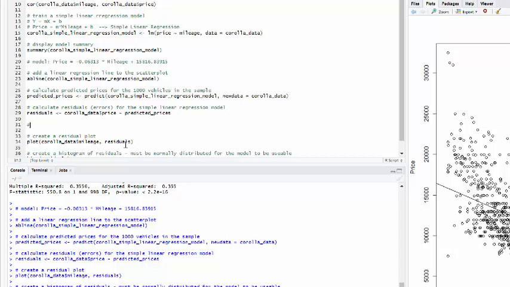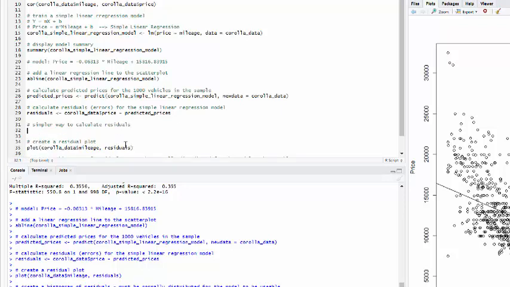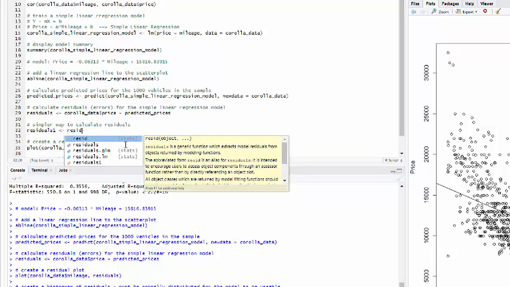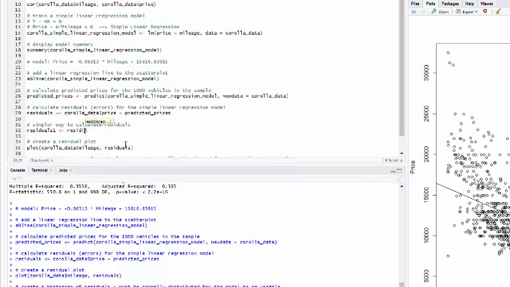Remember I told you, there is a simple way and a hard way. So this was the hard way. So I'm going to comment here, simpler way to calculate residuals. And that would be, let me call it residuals 1. Use the function resid, R-E-S-I-D, which is abbreviated residuals, right? And all I have to do is call this function and send the parameter, the model that I've built.